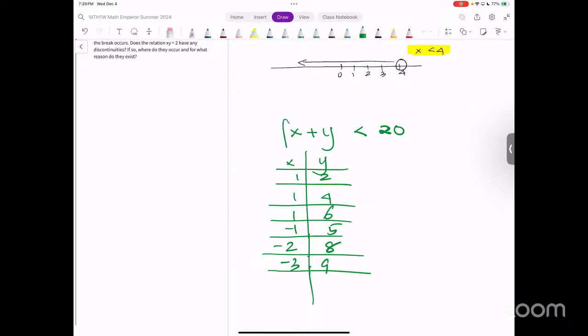If I want to draw all these dots in a graph, Vishali, what do you think it will look like? It's going to look like a line or dots. Dots. What kind of dots might it look like?